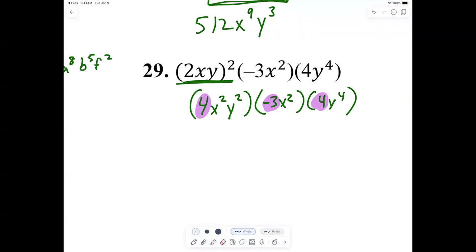Yes, sir. -48. How many X's in total? How many x's here? You with me? Now, come on, don't miss the y's. Y to the what power? Not multiplying, so it will be 8.